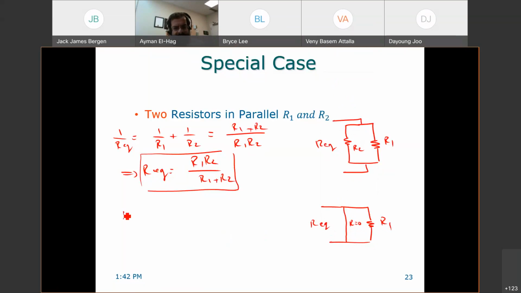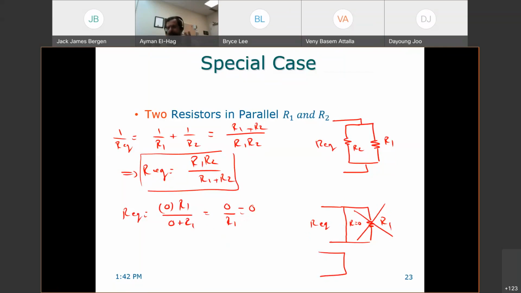So R equivalent is, again, the multiplication of the two: 0 times R1 divided by 0 plus R1, which is equal to 0 divided by R1, which is equal to 0. So the equivalent of this will be just the short circuit. It means if I have a short circuit in parallel with a regular resistor, the short circuit will dominate. It will remove R1 completely, as if it doesn't exist.